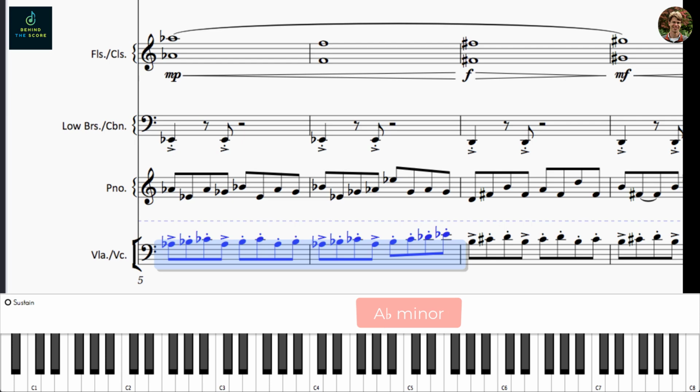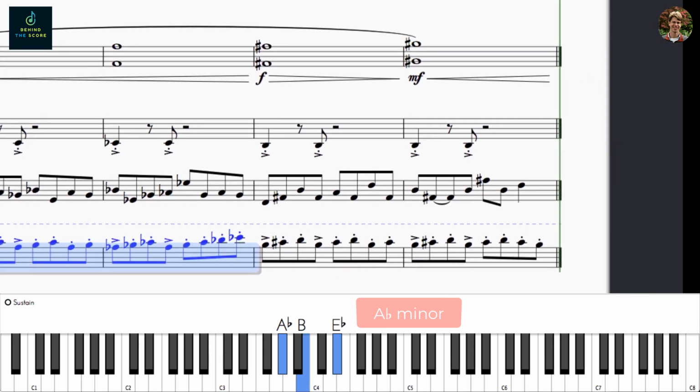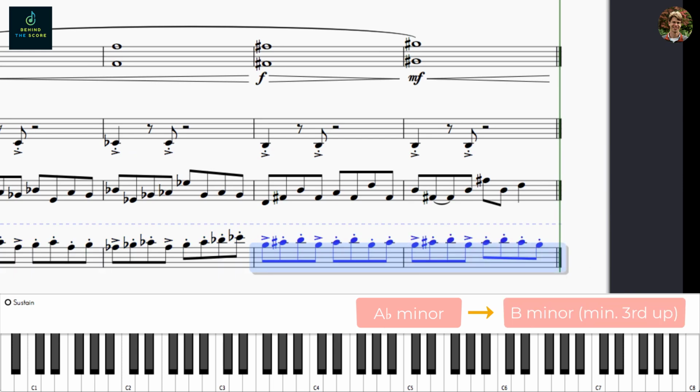So we've modulated to the key of A flat minor. So we have even more accidentals. We have a C flat. And then, guess what? We modulate again. So in the final 2 measures, we move up starting on B. So now we're in B minor.